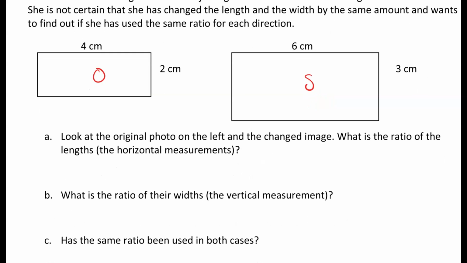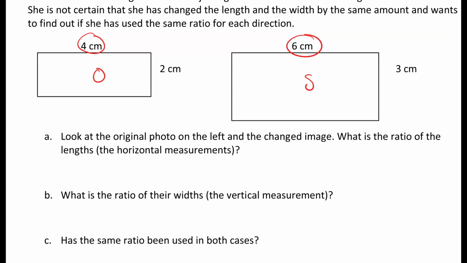A says we want to first look at the original photo on the left and the changed image, so our scale on the right. What is the ratio of the lengths? So we're trying to find, if we look at our lengths on the top of our original and on the scale, what is our scale factor going to be?